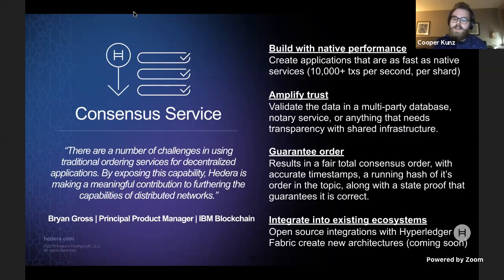It's a really interesting way where you can combine the opportunities in the ecosystem of Hyperledger and these other existing Fabric deployments with some of the decentralized security and the trust model of the Hedera public network, and create this kind of new hybrid architecture that wasn't really possible before. So we're really excited about the consensus service.